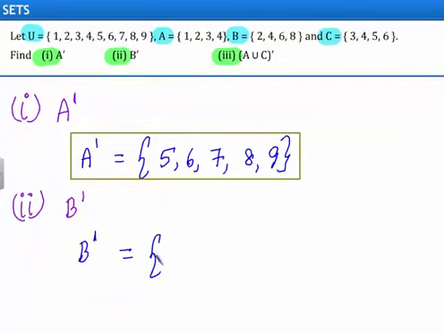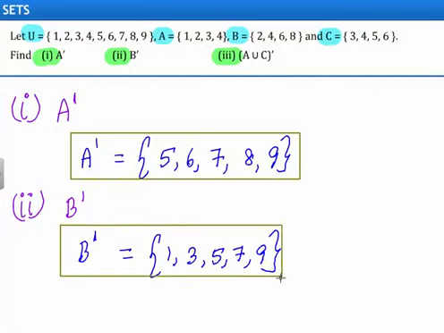So the elements are 1, 3, 5, 7, 9. Hence, the complement of the set B is equal to first 5 odd natural numbers.